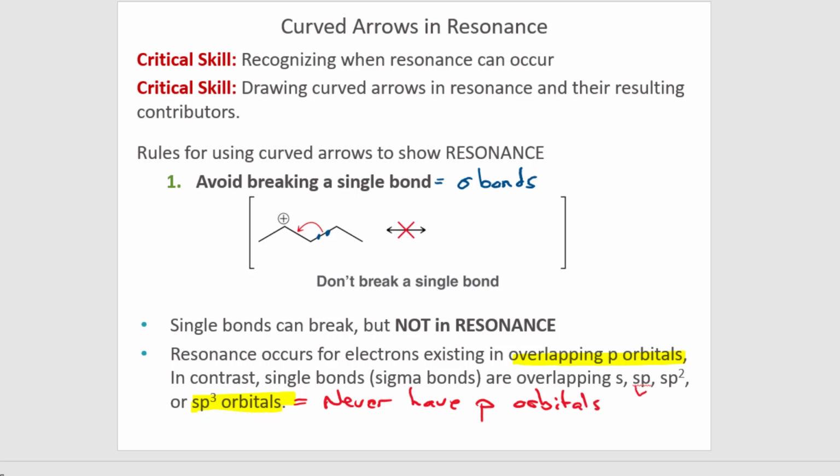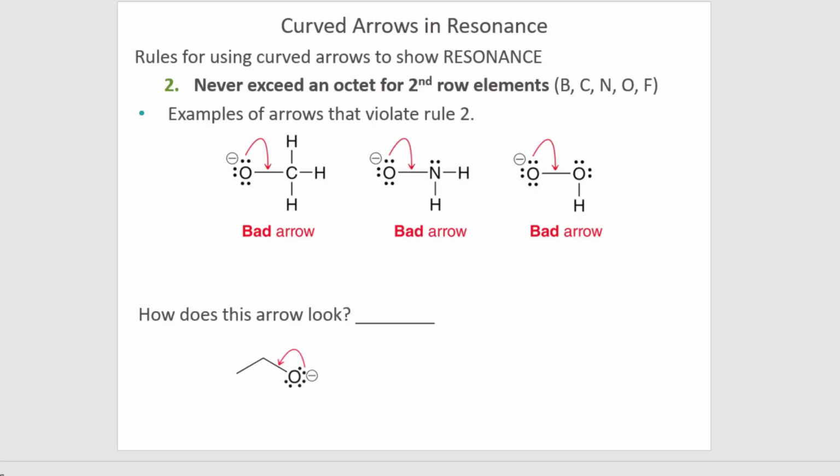Remember that when you have an atom that's hybridized sp, it has two unhybridized p orbitals, and if you have an atom that's hybridized sp2, it has one unhybridized p orbital. So those are the types of orbitals where you're more likely to find resonance. If you have a carbon that's sp3 and only sp3 orbitals, you'll never have the opportunity for resonance to occur. You need p orbitals.